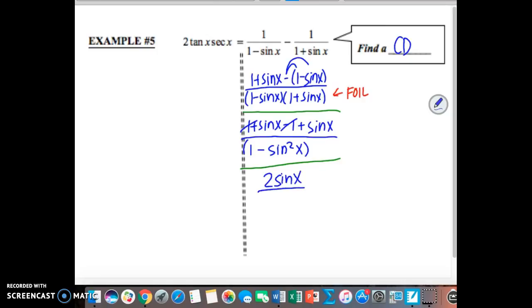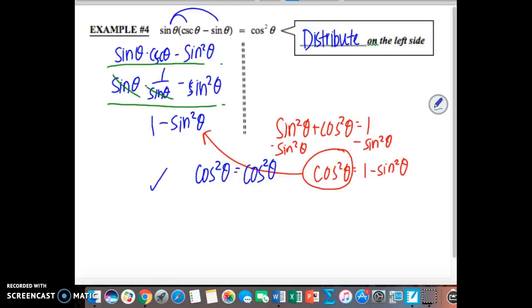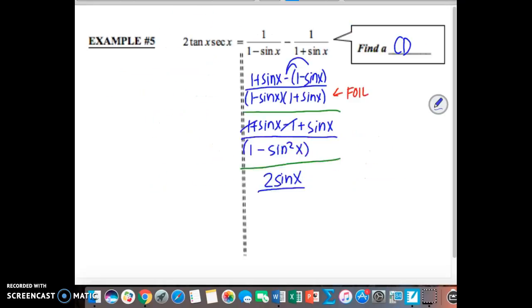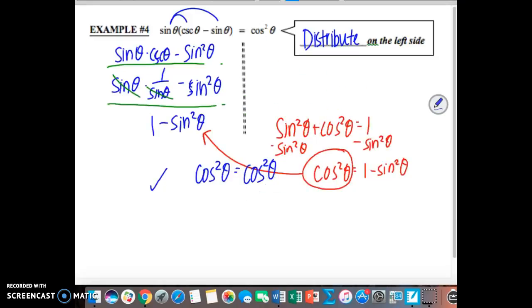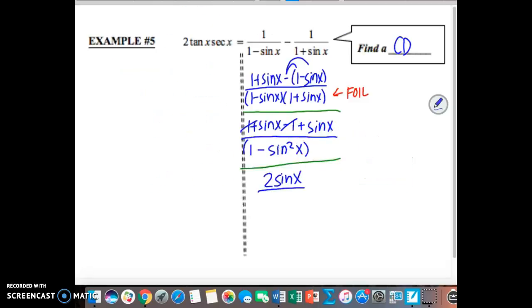And going back to our trig identities from the last page, since we had sine squared of theta plus cosine squared of theta equals 1, if we notice how we subtracted sine squared of theta, we were left with 1 minus sine squared of theta, which is equivalent to cosine squared of theta.